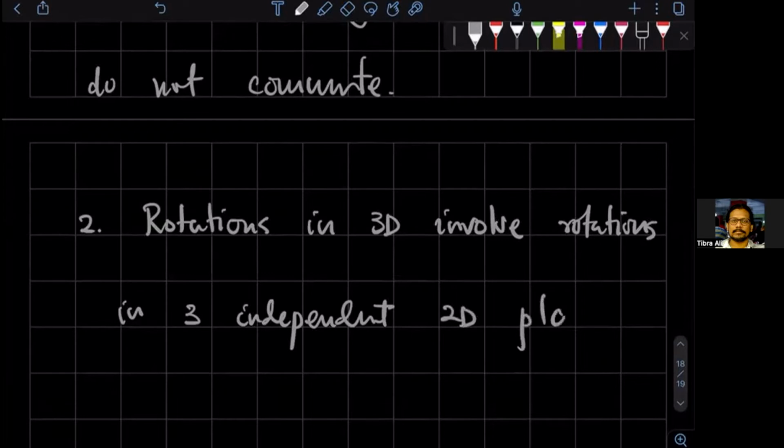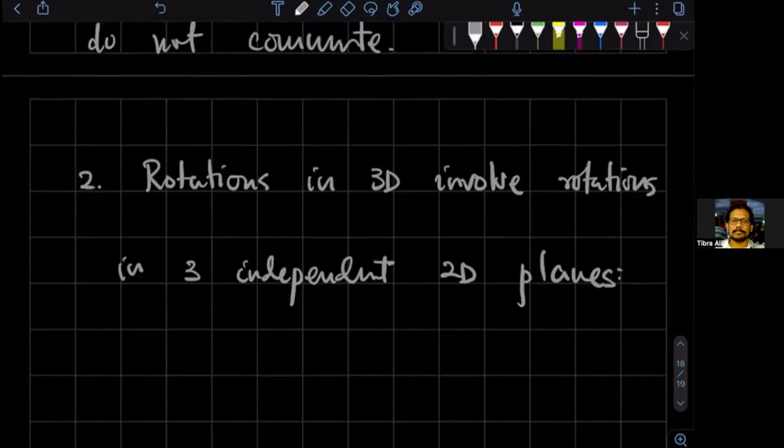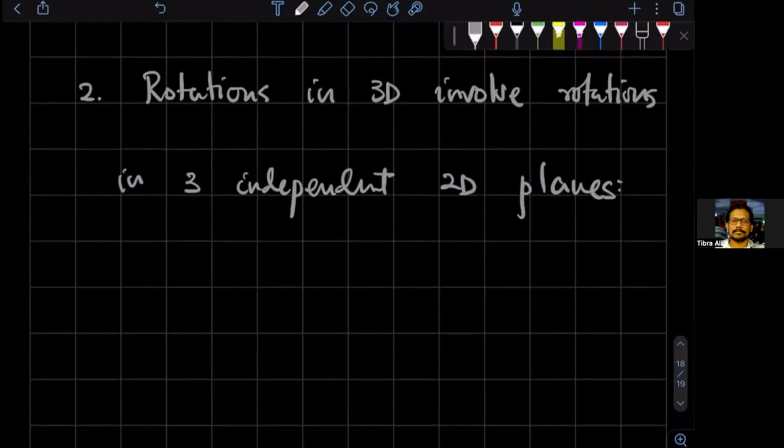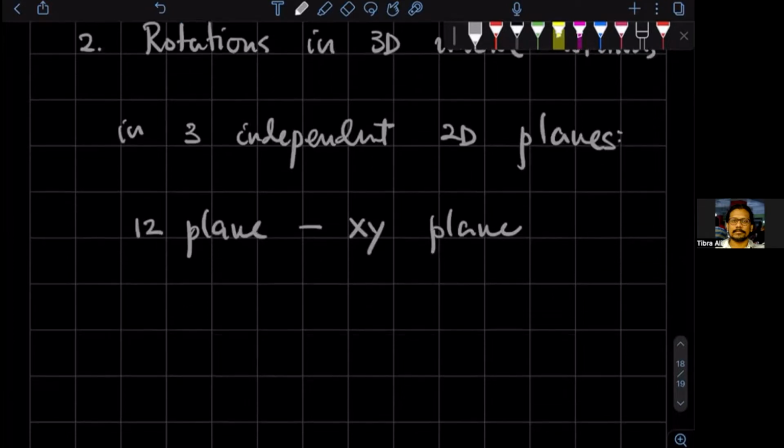Okay, and this is actually a theorem that you can show, that any rotation in 3D can be made out of 3 rotations. And what are these planes? For us, it's x1. Well, we are using 1, 2. So the 1, 2 plane or the xy plane. So we are going to switch between these 2 notations, or the 2, 3 plane, or the yz plane, or the 3, 1 plane, or the, say, zx plane, right?